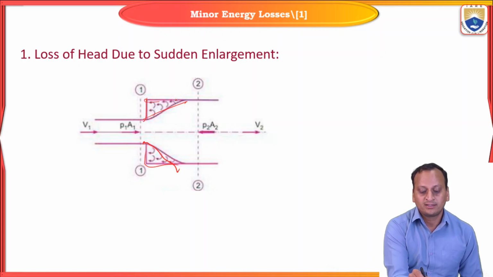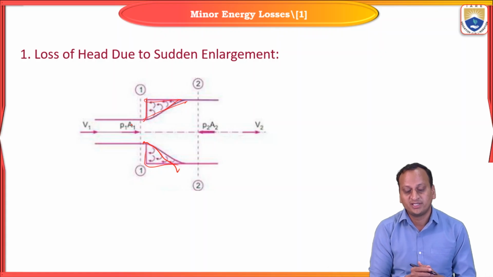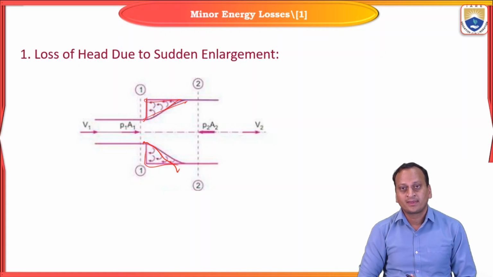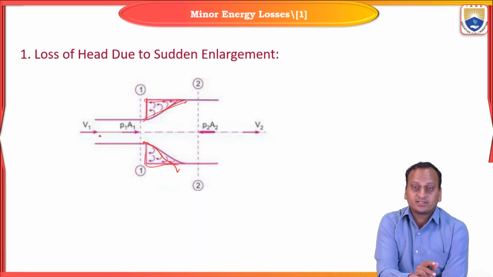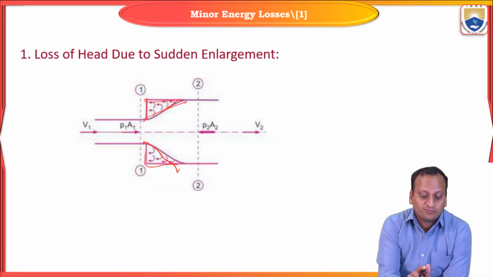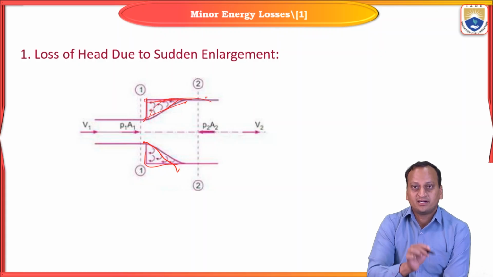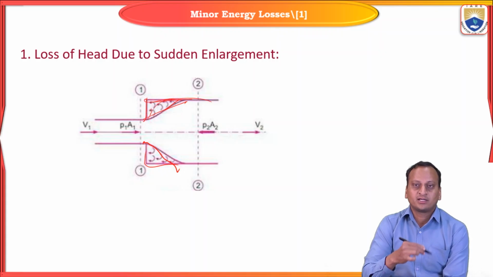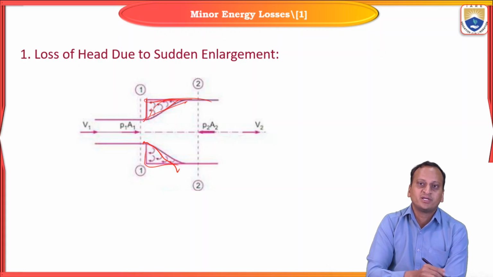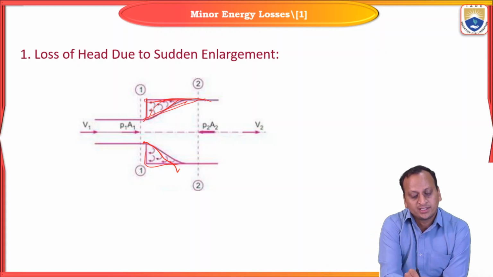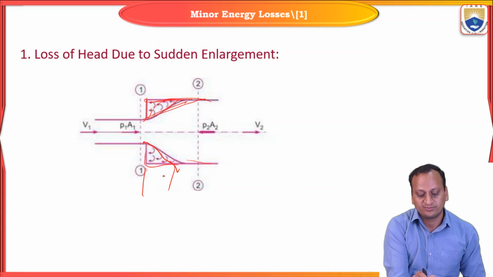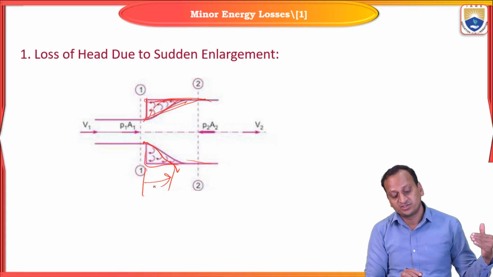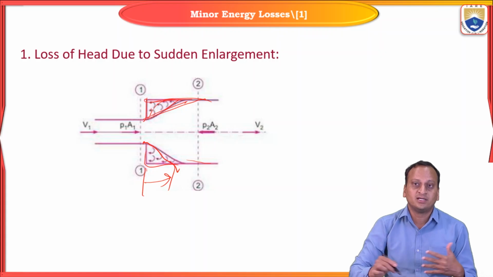So the area of these two triangular portions will be a loss of energy, because while the fluid is flowing from the lower diameter to the bigger diameter, the flow may not attain the full cross-sectional area of the bigger diameter immediately. It won't catch the complete perimeter of the bigger diameter at once. After flowing some distance, it attains the full diameter.